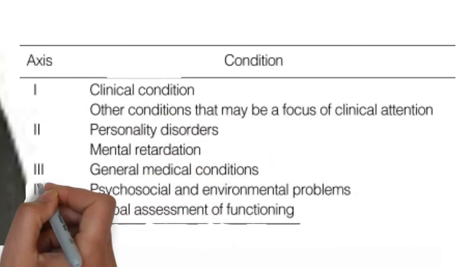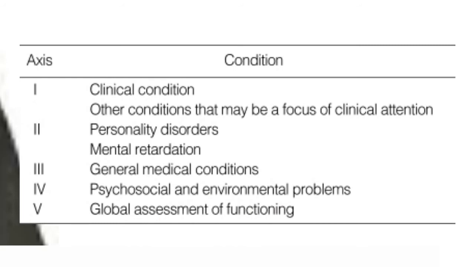But be that as it may, when we came to the 5th edition, we did away with the 5-axis system and went to just simply writing a series of sentences to describe what is going on with the person and how they fit with the cluster of symptoms that are laid out in the DSM. So that's just a little bit as far as diagnosis goes.